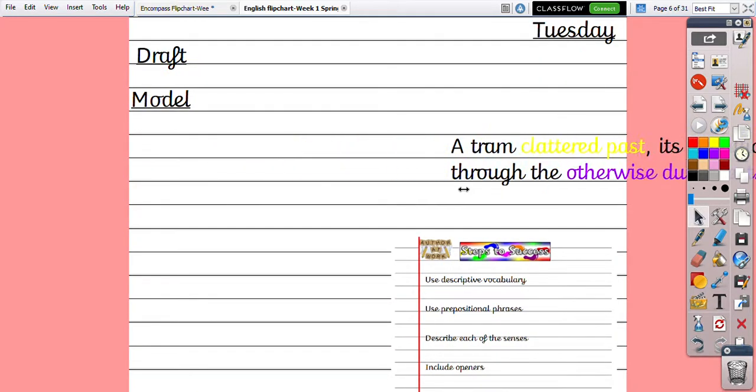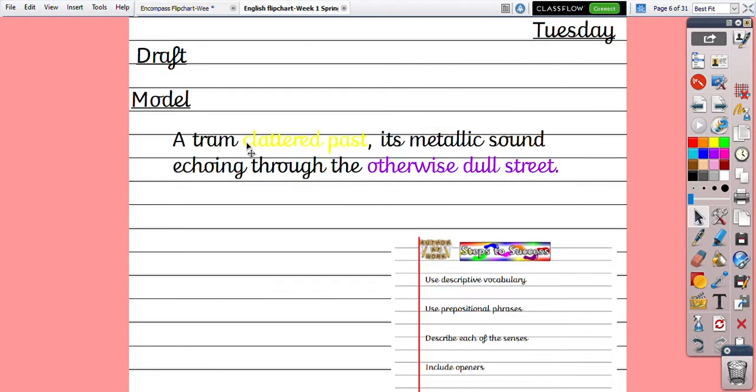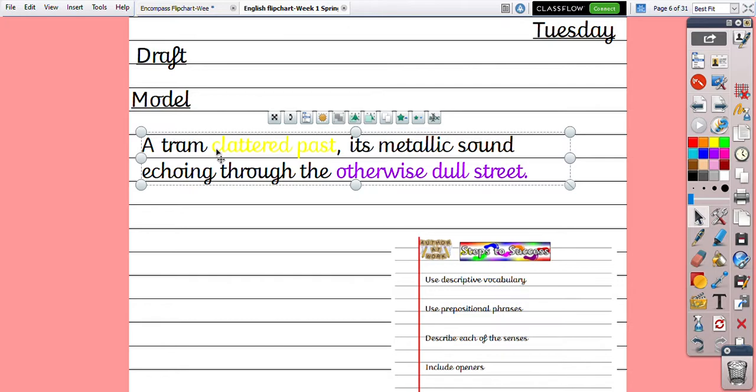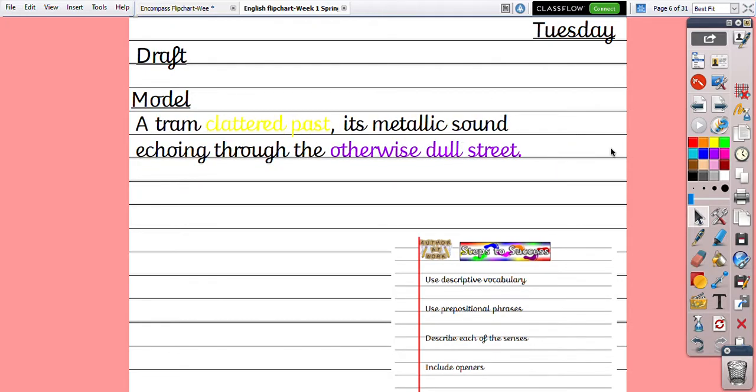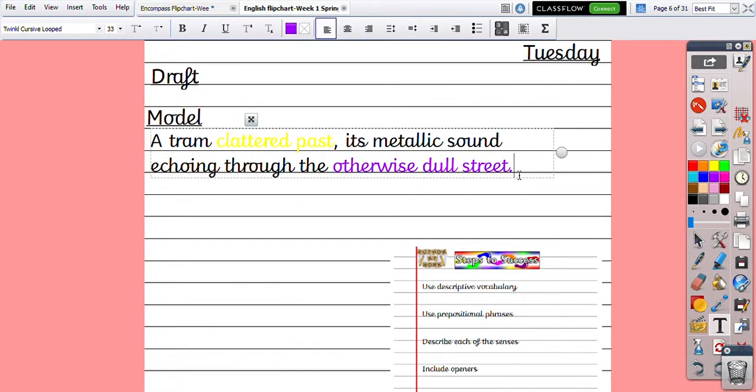So I have got a tram clattered past, its metallic sound echoing through the otherwise dull street. I am then going to need to use cohesion to tie that sentence into another one. Once it had passed. So by saying it, I'm using a pronoun rather than saying the tram again.